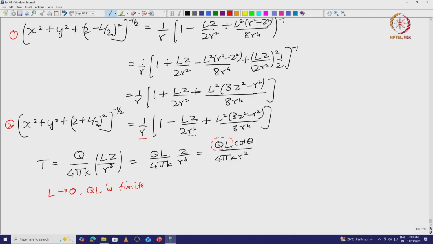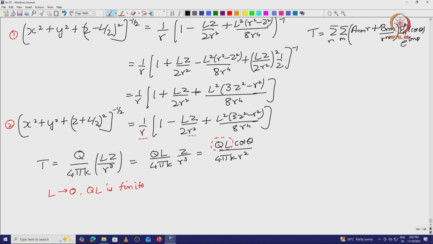Compare this with the temperature, T is equal to sigma n sigma m of A n m into R plus B n m by R power n plus 1, times P n m of cos theta e power I m phi.